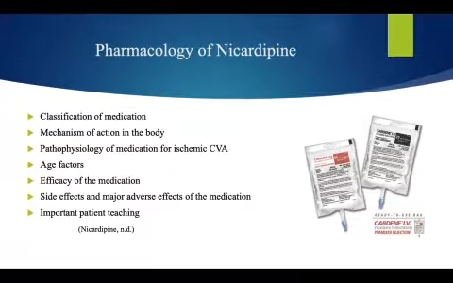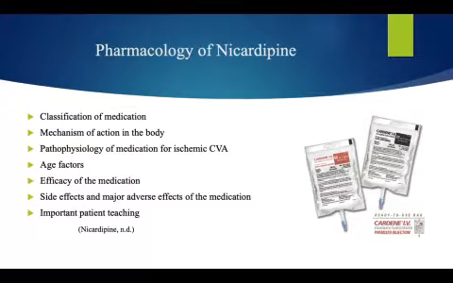For the pathophysiology of the medication in ischemic CVAs, nicardipine is a calcium channel blocker shown to inhibit the intracellular migration of calcium ions, which in turn slows the movement of calcium into the cells of the heart and the blood vessels. This relaxes blood vessels, increases the supply of oxygen-rich blood to the heart, and reduces the heart's workload.